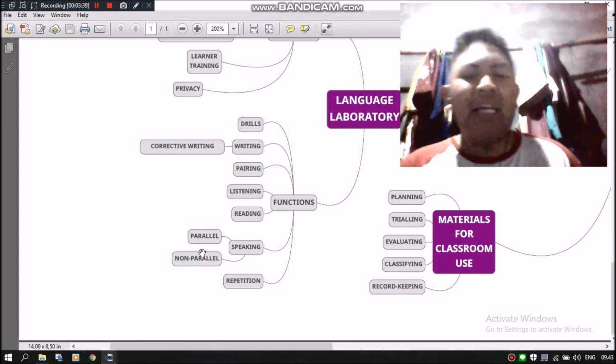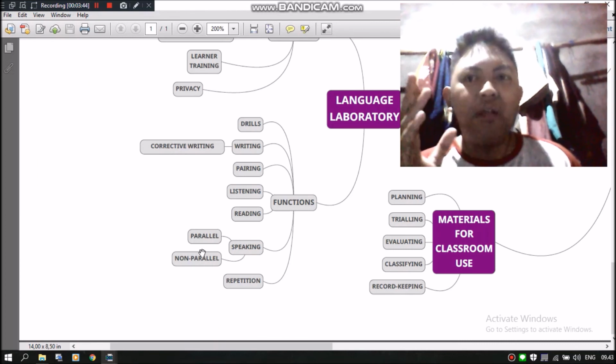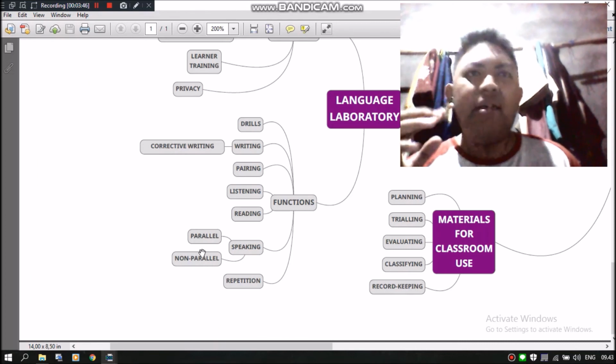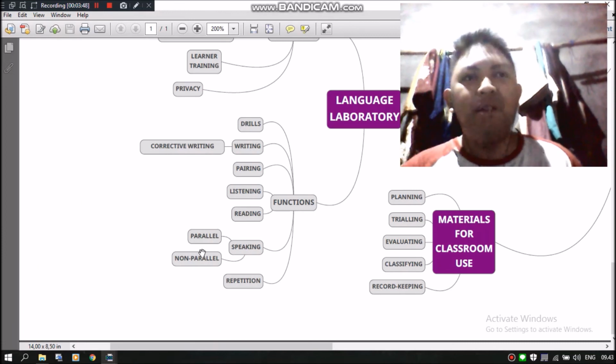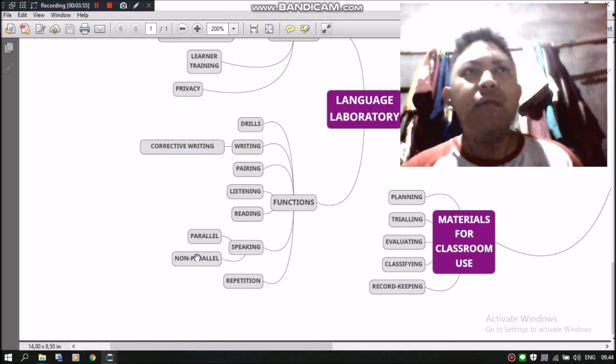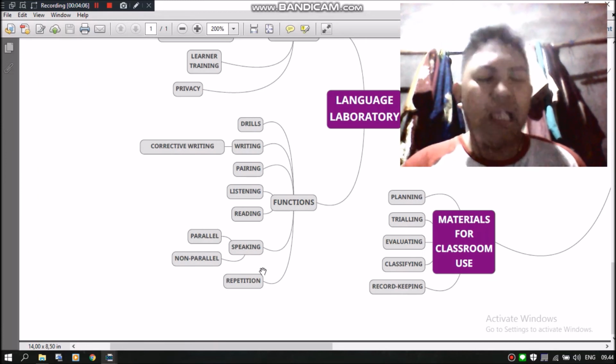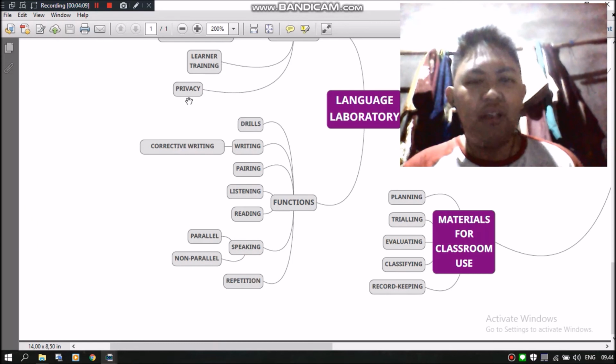And speaking is also one of the main functions of a language laboratory, because you can provide them with microphones, and you can use it for parallel or non-parallel speaking, and you can tune into their booths via the main console and hear their speaking from the main console. It can also be used for repetition as well, similar to drilling.